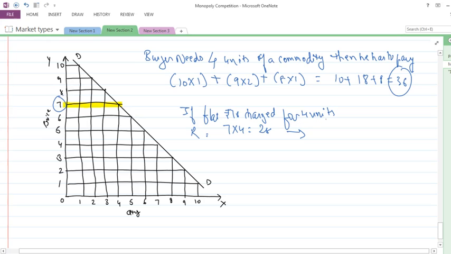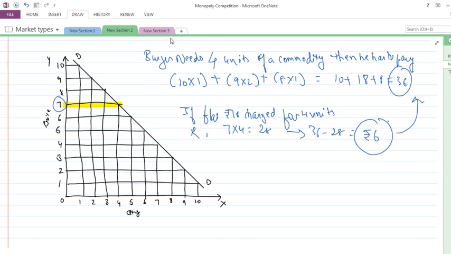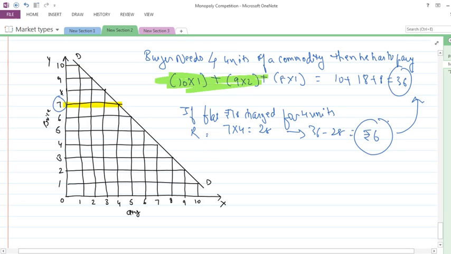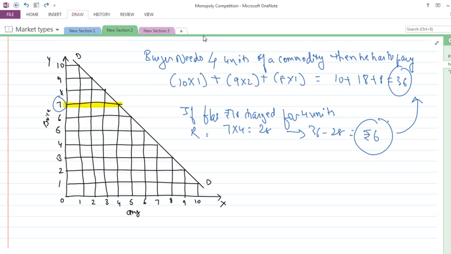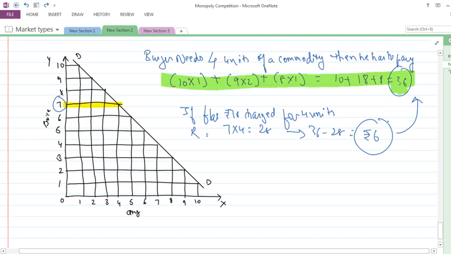There is a surplus of 36 minus 28, that is 6 rupees in this case. As it is a discriminating monopoly of the first degree, the monopolist would make the consumer pay in this manner rather than this manner. So he would adopt this pricing strategy rather than any other pricing strategy, because here he is able to collect more revenue.